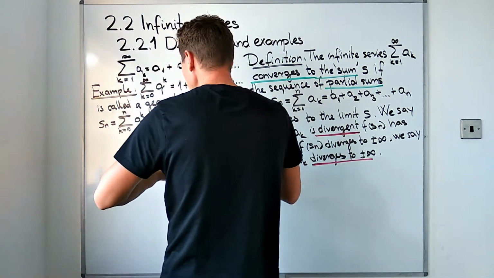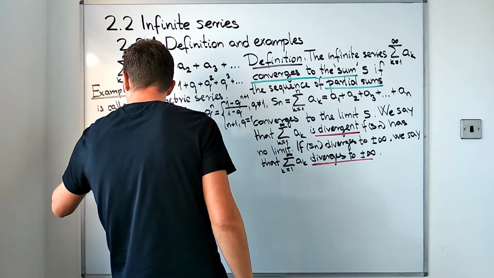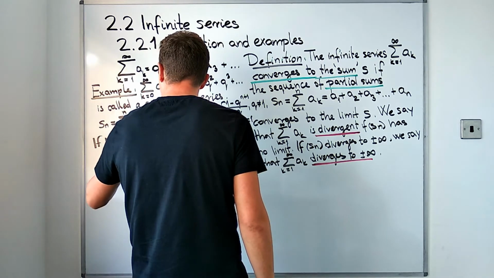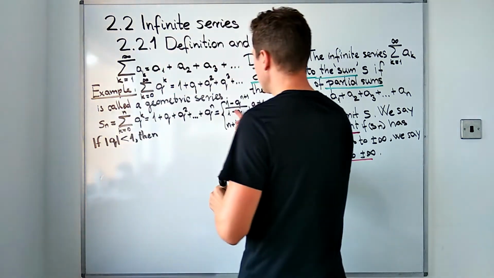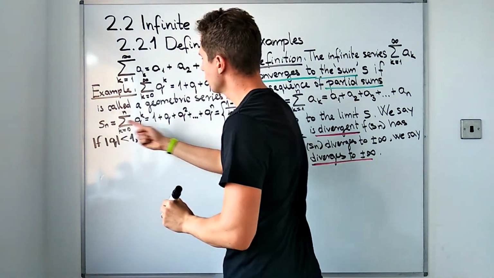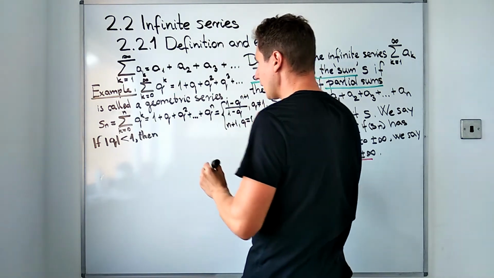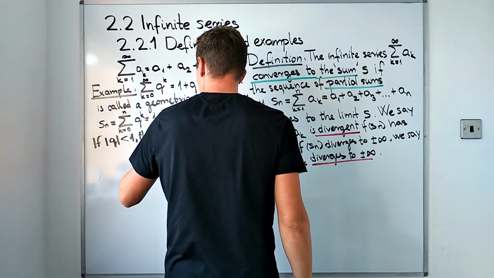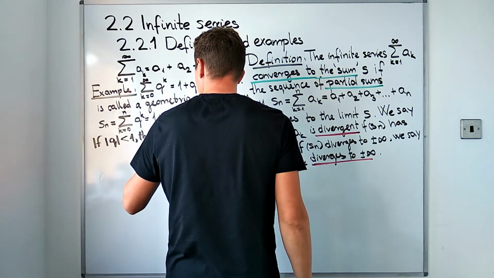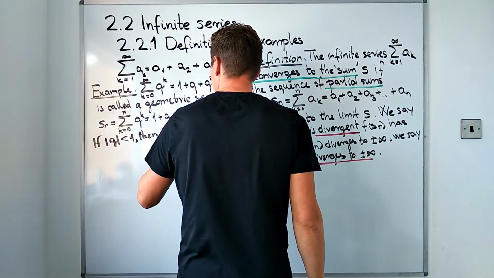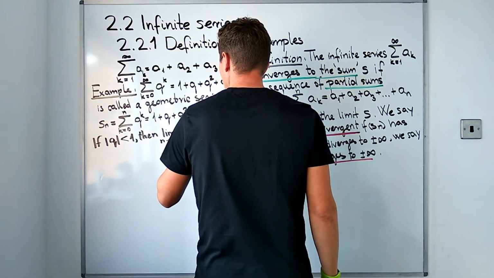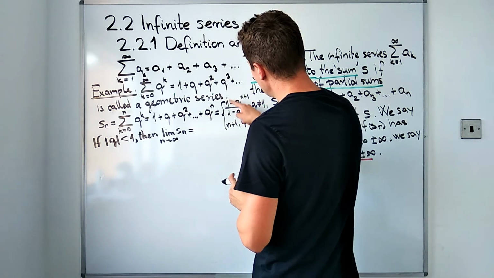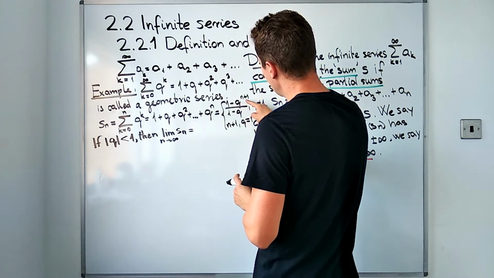So we find that if q has an absolute value that is less than 1, then this sequence of partial sums will converge to a number. Then the limit of partial sums Sn as n tends to infinity will converge to, well, let's look at this expression, 1 minus q to the n plus first power.